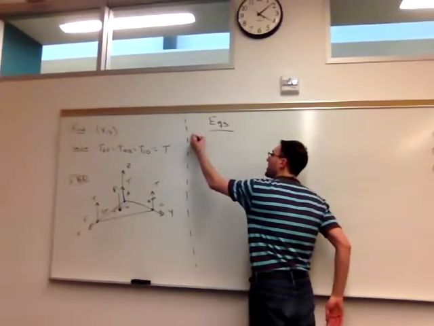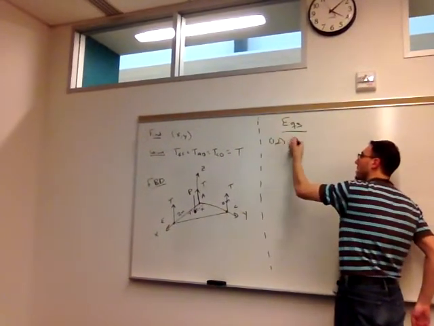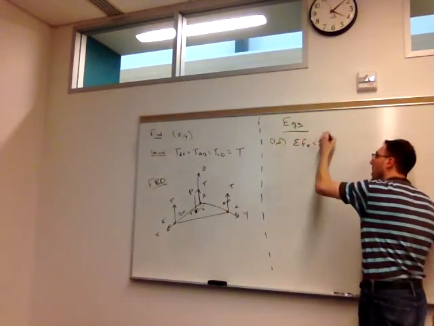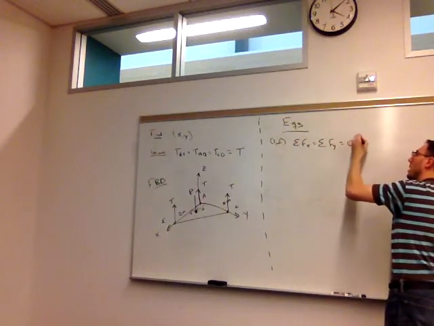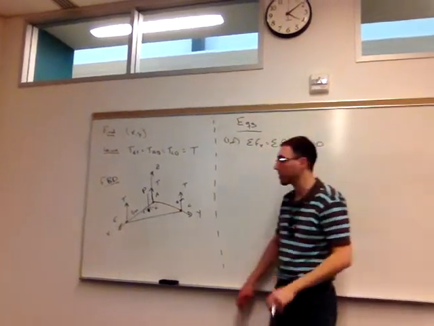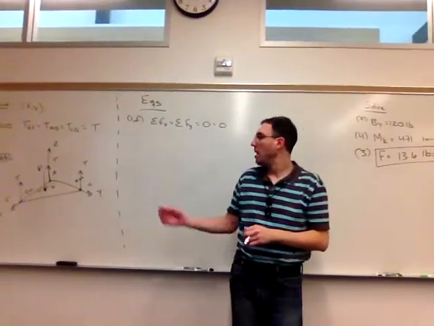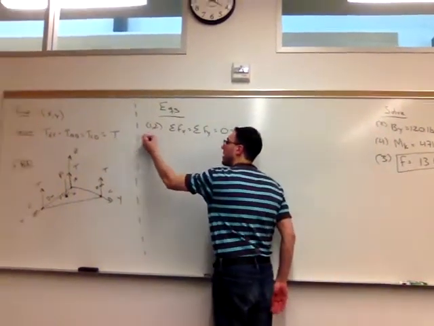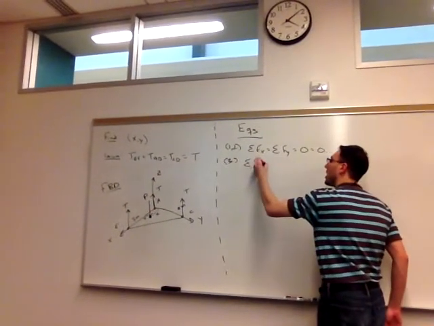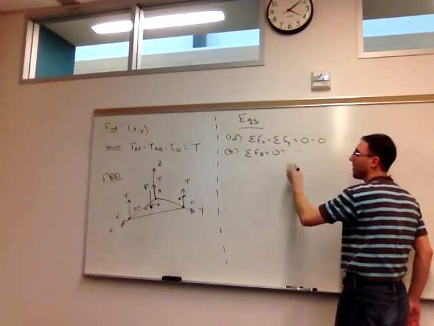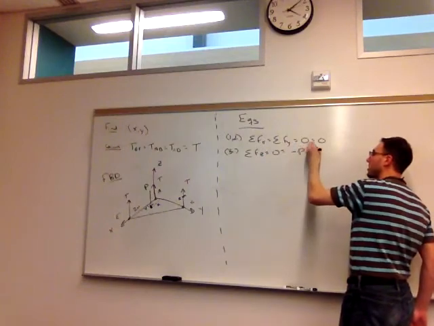Based on the free body diagram, we can get two of our equations, sum of forces in X and sum of forces in Y. Both of those just give us 0 equals 0 because nothing happens in the X or the Y direction here. But in the Z direction, we have negative P plus 3T.